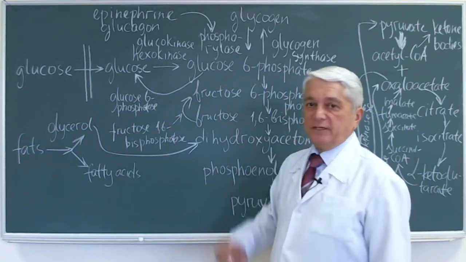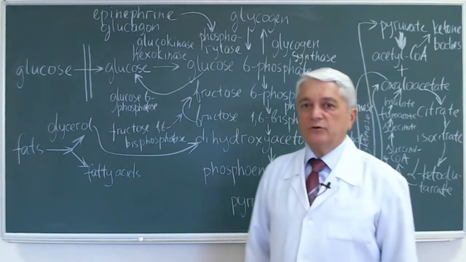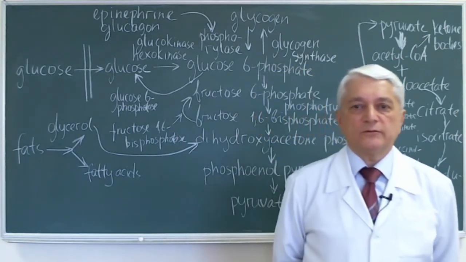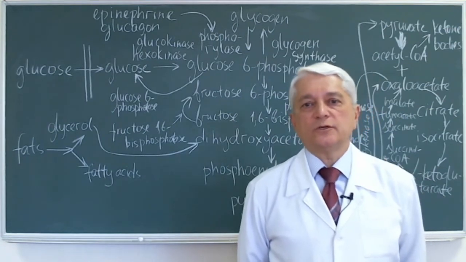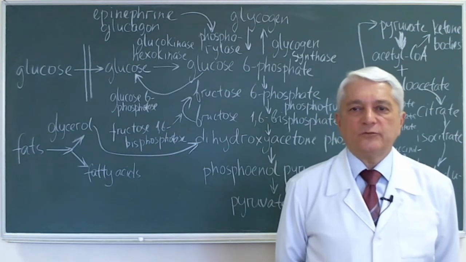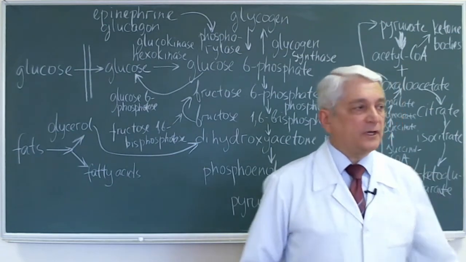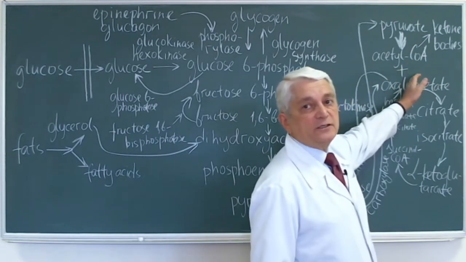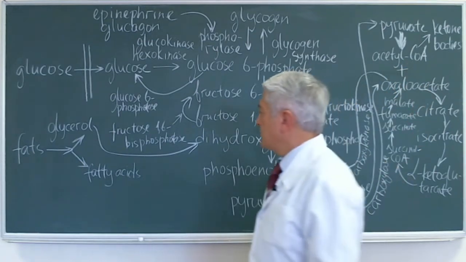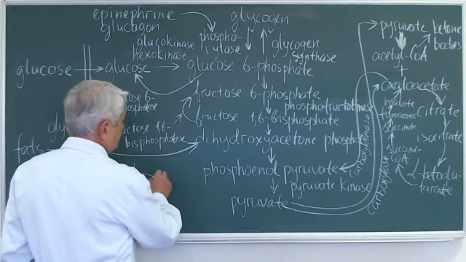And fatty acids. For fatty acids, you know, we have the process which we call beta oxidation, and the result of beta oxidation is the molecules of acetyl coenzyme A. So we must connect fatty acids with oxaloacetate. Let's go here.